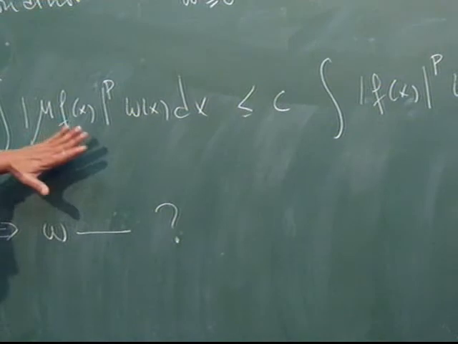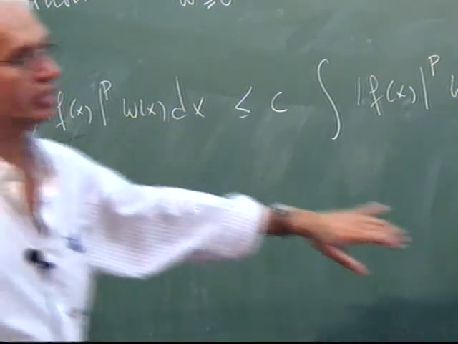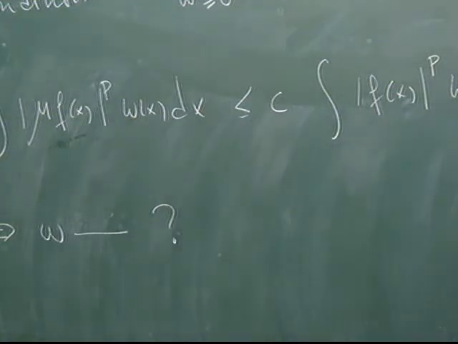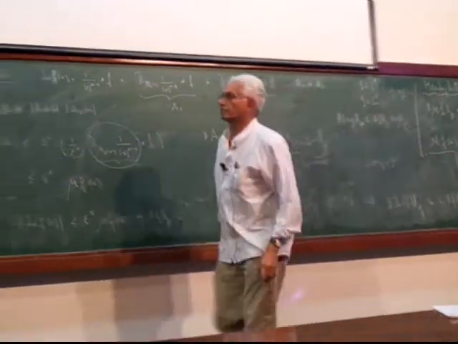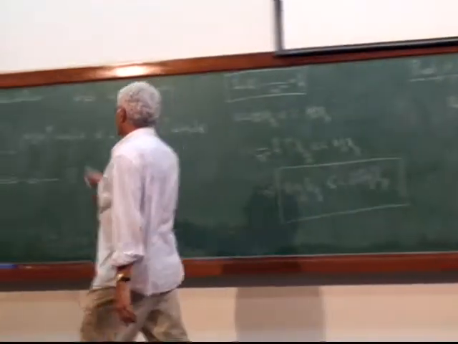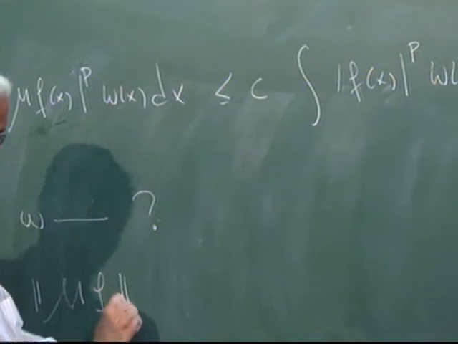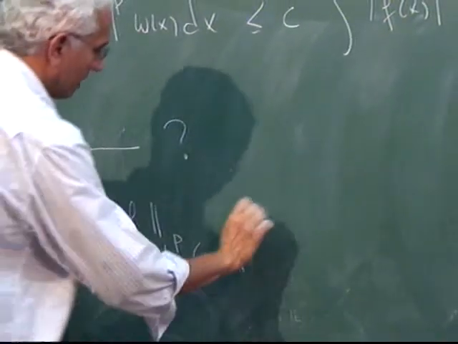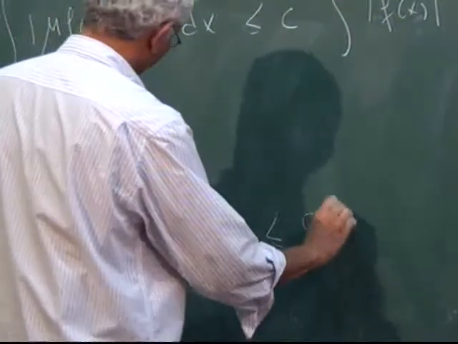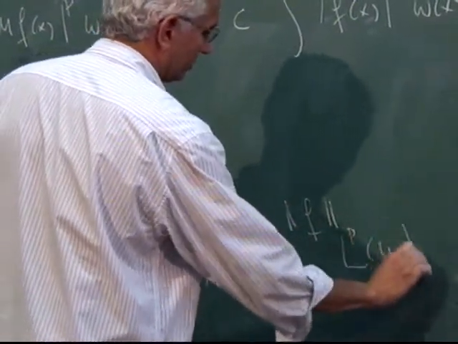What you are trying to say is, I know that the maximal function is continuous from LP into LP when I put the Lebesgue measure. I'm not putting this measure. What you are saying is that the maximal function of f in LP with this measure is bounded by f in LP with this measure.